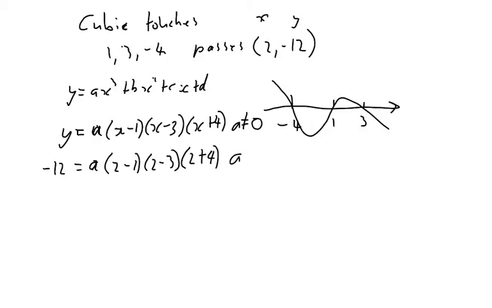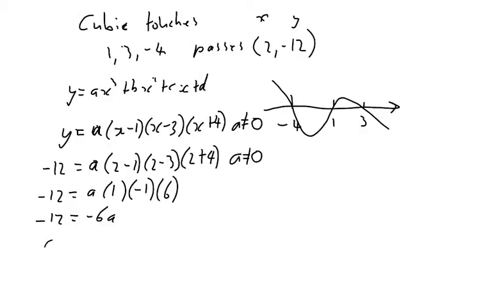Well, a doesn't equal 0, obviously. And we go through. So -12 equals a times 1 times -1 times 6. So -12 equals -6a. A equals 2.